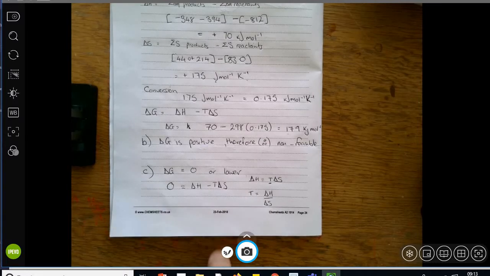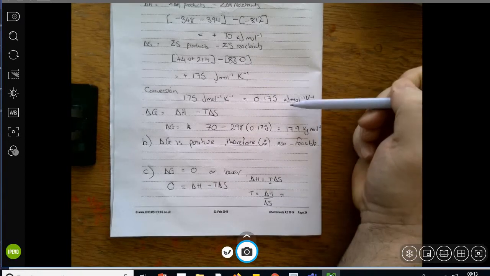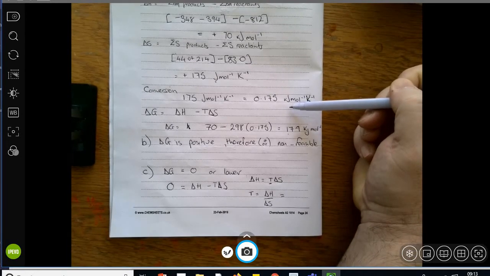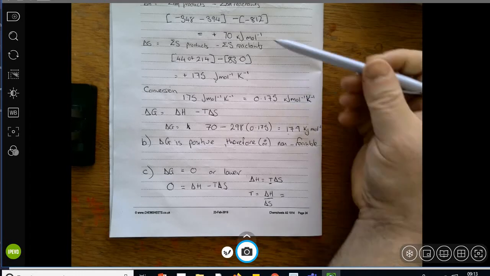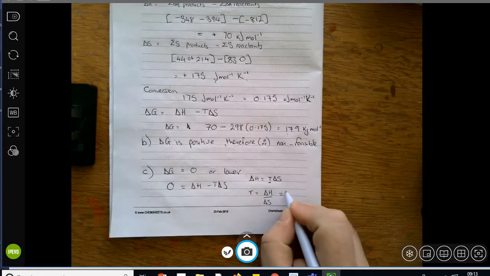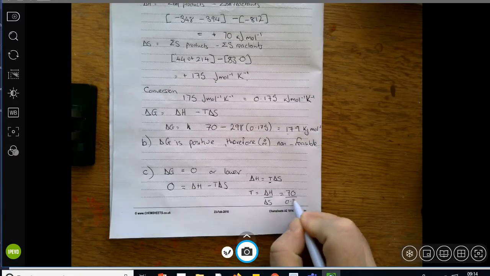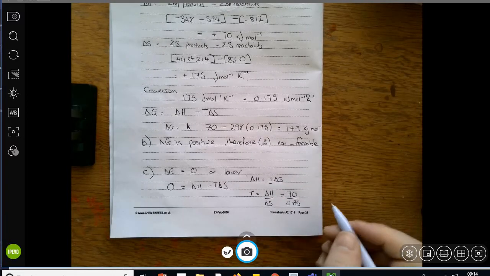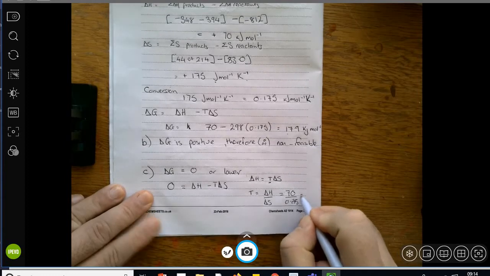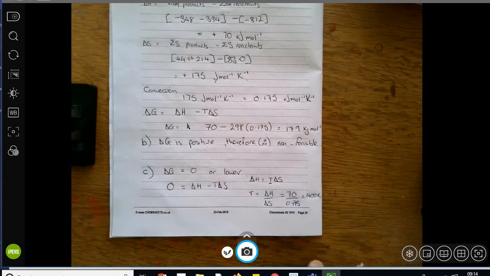Silly icons get in the way again. Okay, so if I put the values into that, here's our delta S, here is our delta H. For it to be feasible, these two cancel out, which is 400 degrees Kelvin.